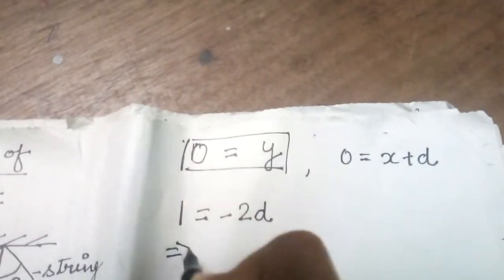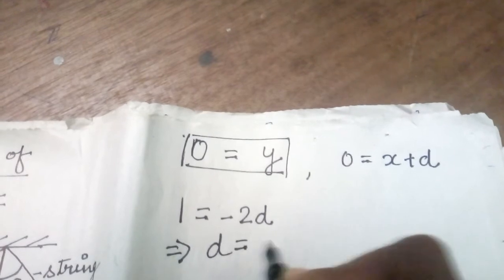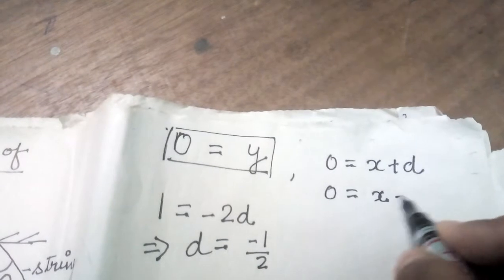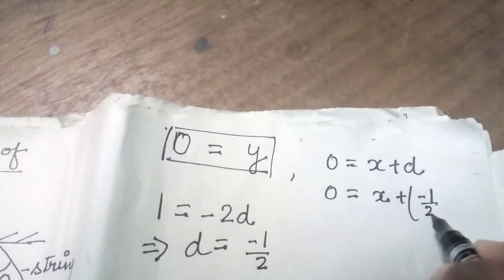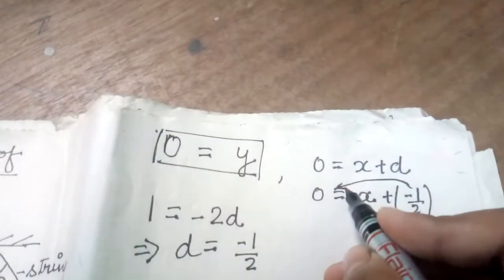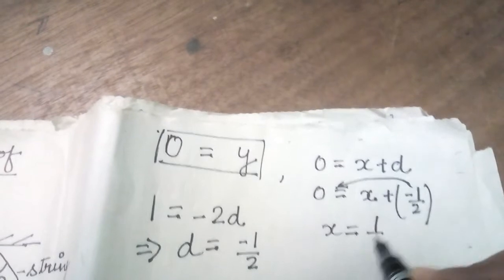So it implies d is equal to minus 1 upon 2. So we can put the value of d here. So 0 is equal to x plus minus 1 upon 2. When this sign changes, x is equal to 1 by 2. So we have got x as 1 by 2, d as minus 1 by 2, and y is equal to 0.